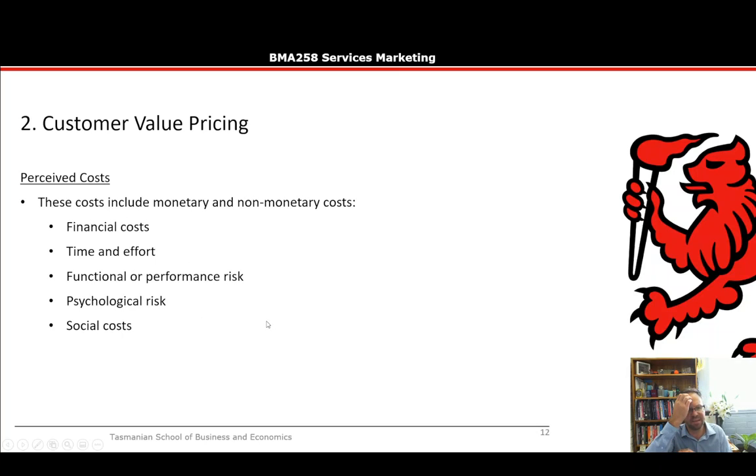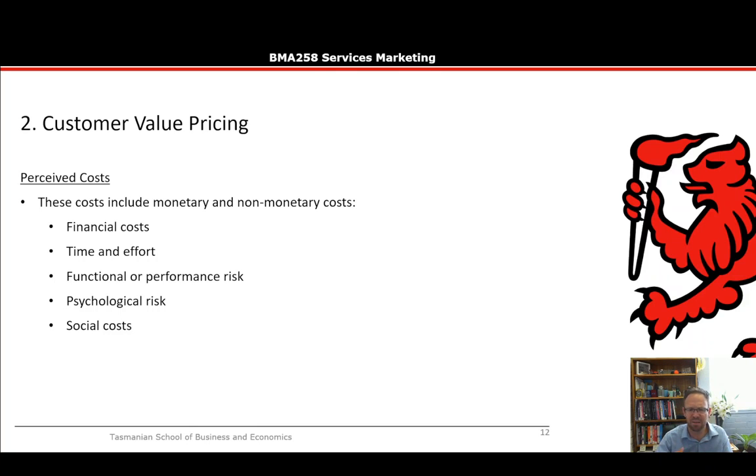Right, then we've got perceived costs. These costs include the monetary and non-monetary costs, such as financial costs, just straight out money, time and effort that it costs to engage with a service. Functional risk, we're going to look at that a little bit coming up. We've got the psychological risks, which is the risk of feeling stupid about using it.